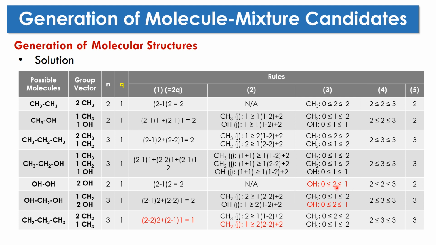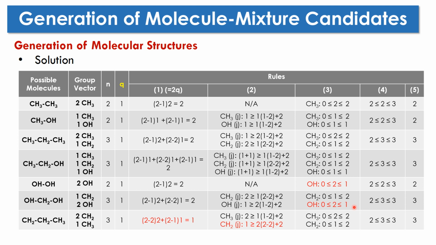So 2 is not between the upper and lower bound that we set. Therefore, it does not satisfy rule number 3. And for this compound, for CH2, it follows the lower and upper bound, but for OH it does not follow. Therefore, rule number 3 is not considered fulfilled, right?